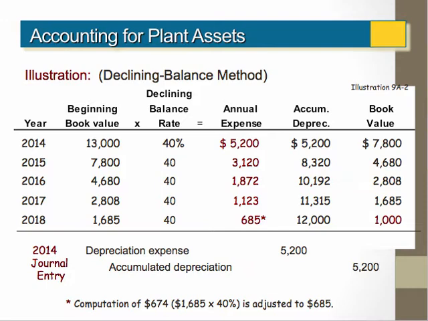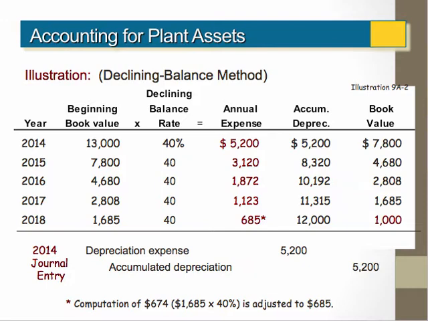We would take the book value of the asset at the beginning of the year times the rate, 40%, to give us the annual depreciation expense. We would calculate the accumulated depreciation and the book value at the end of the year, and that ending book value will become the beginning book value in the next year. Then we apply the depreciation rate again for the next year to get the new annual depreciation and continue on until the end of its useful life.